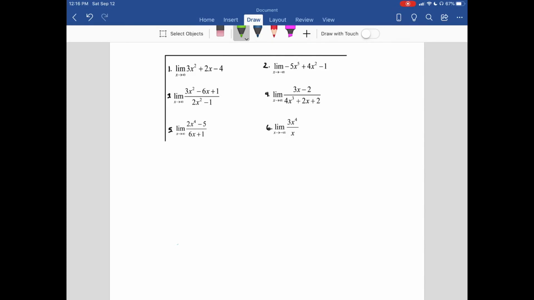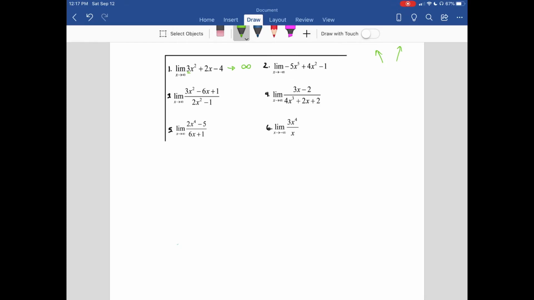So the first couple of problems I think we can do fairly quickly. This is just asking for our end behavior. The limit as x approaches infinity of, and question 1 is a quadratic, right? And this is still helpful in our even and odd functions because it's a quadratic, which means it's even. It's got a leading coefficient of 3, so I know that the behavior looks like this. And so my limit as x approaches infinity for this is going to approach infinity.